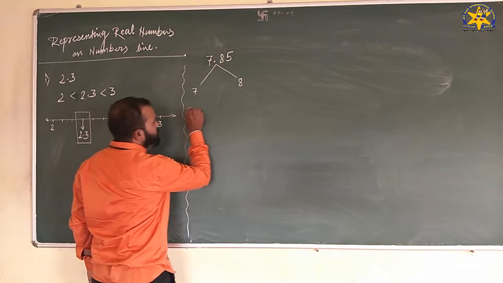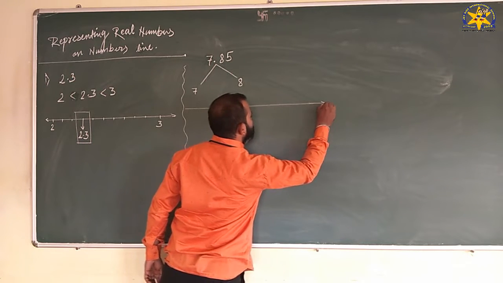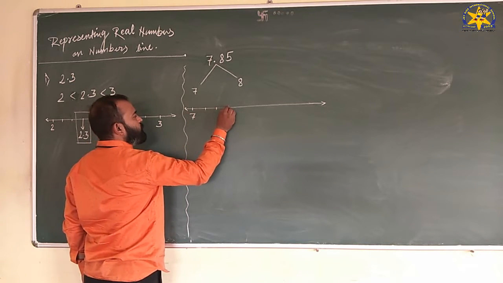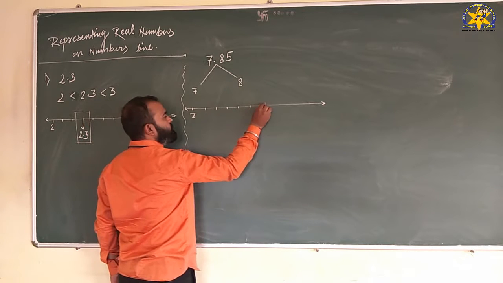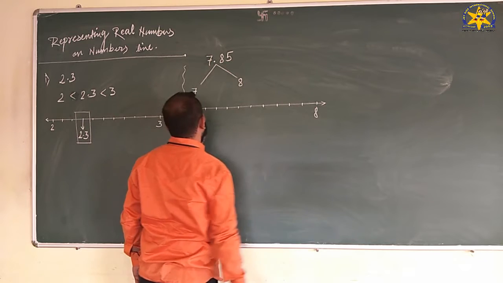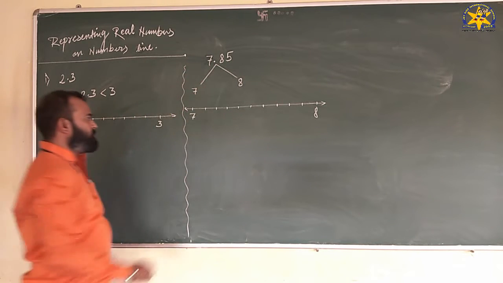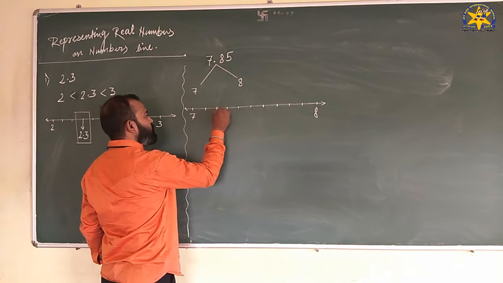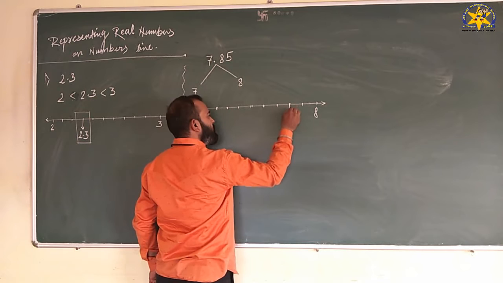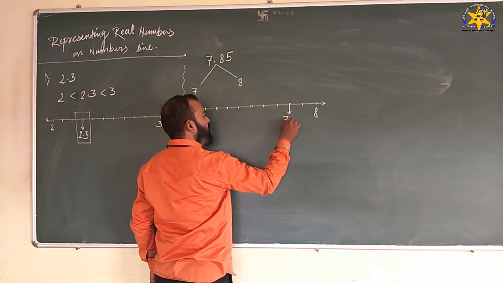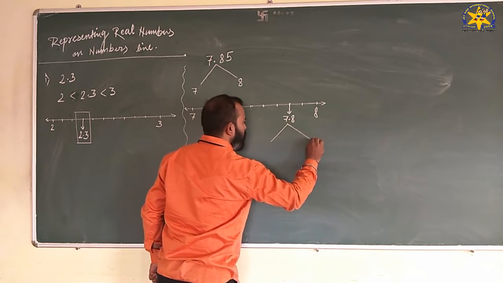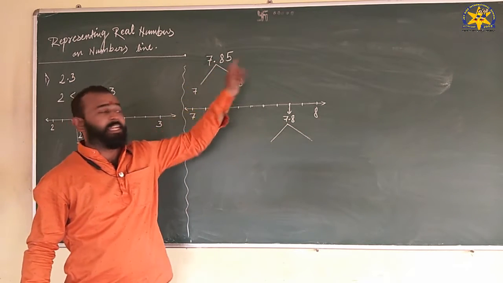So we will go for that first. Here 7, 1, 2, 3, 4, 5, 6, 7, 8, 9 and 10. Here will be 8. Now 7.8 is there. So count 1, 2, 3, 4, 5, 6, 7, 8. So here will be our 7.8.